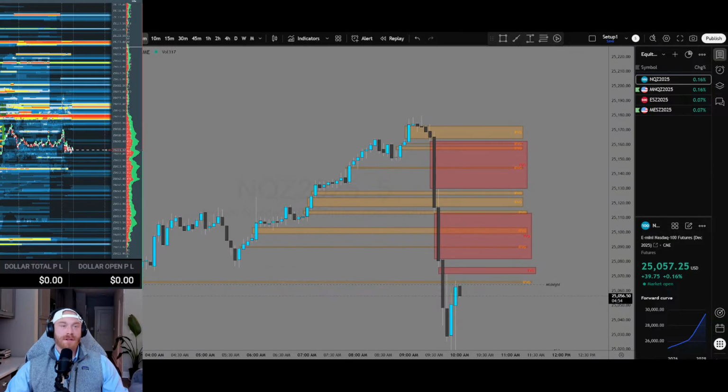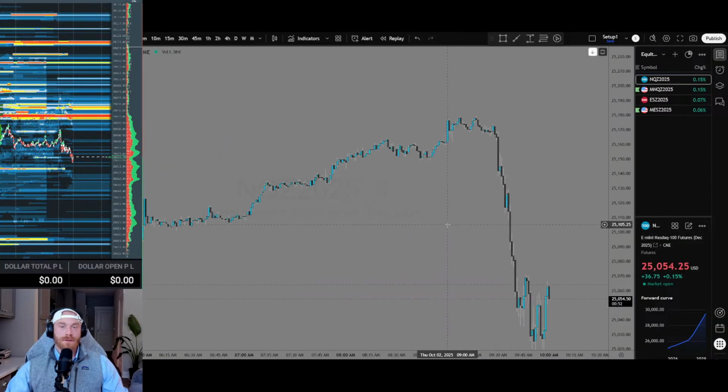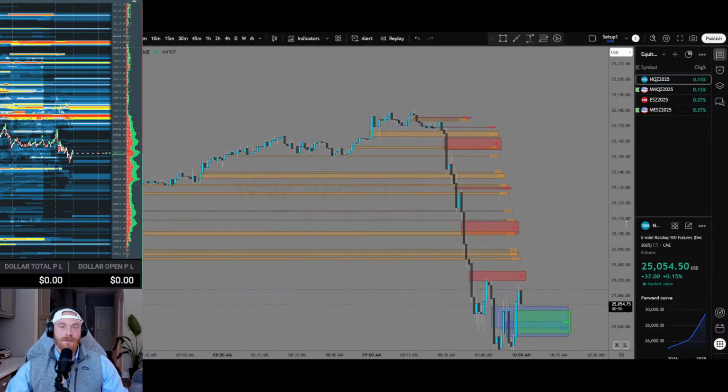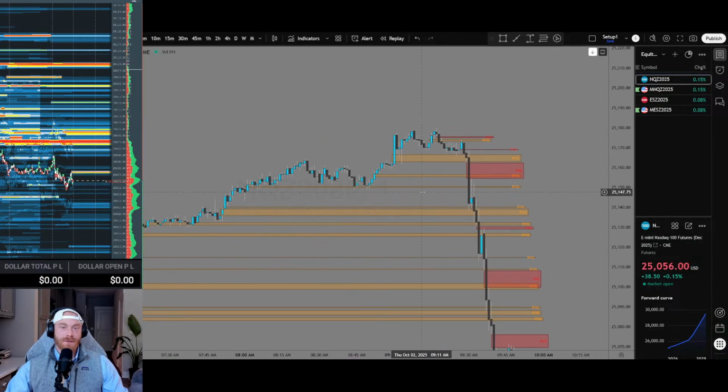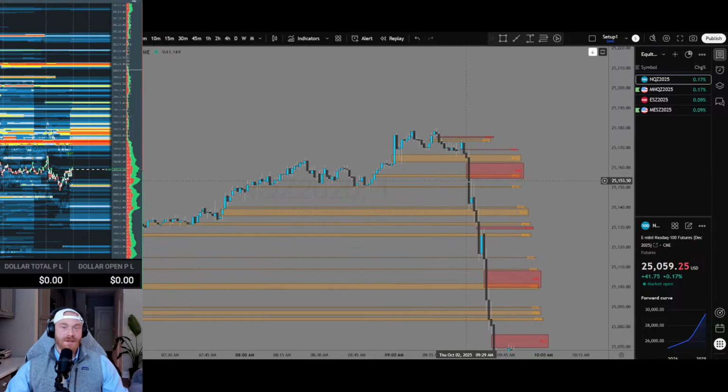Where's the accumulation though? And where's the manipulation? You could say that this is accumulation. Where's the manipulation and then the distribution for AMD?